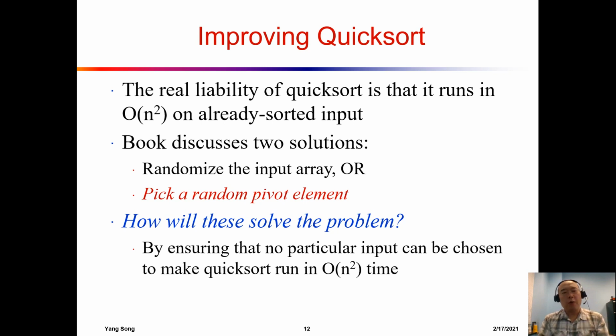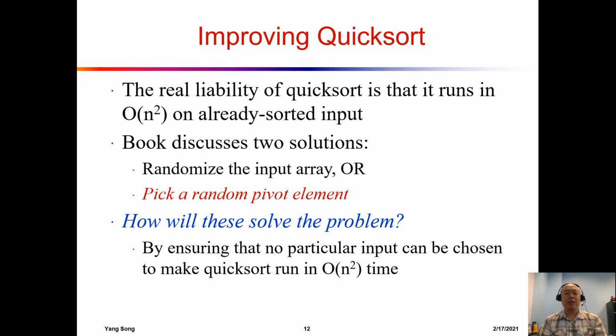So by adding a few more lines of code into the quicksort, we can avoid having the quicksort run for O(n²) time on a pre-sorted list. This is our goal. We want to avoid the worst case, and the worst case in the quicksort is usually easily avoidable.